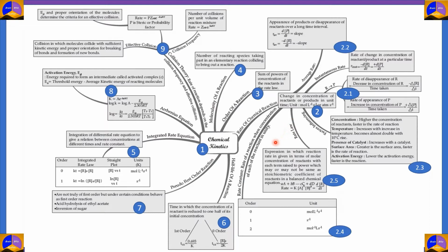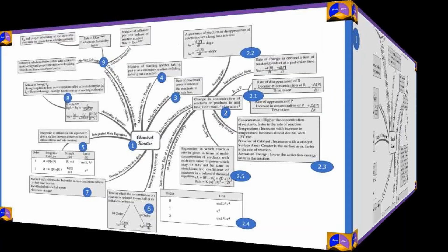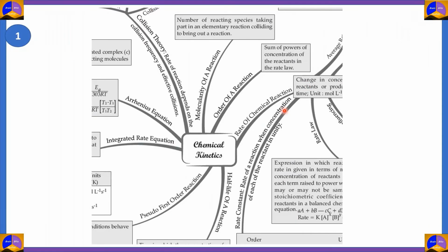So we'll be dividing this mind map into 9 sections, and section number 2 will be divided into a further 5 subsections. So now let's move on to the first section, the general overview of chemical kinetics. So what do we study in chemical kinetics? You know, in chemistry, we study reactions, and therefore we try to understand 3 parts of a reaction.